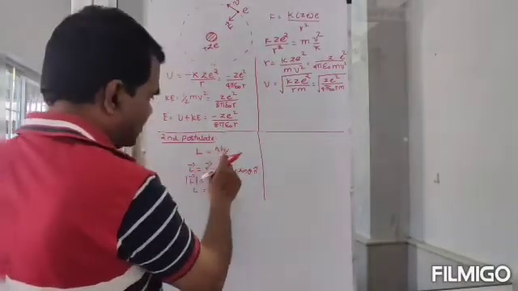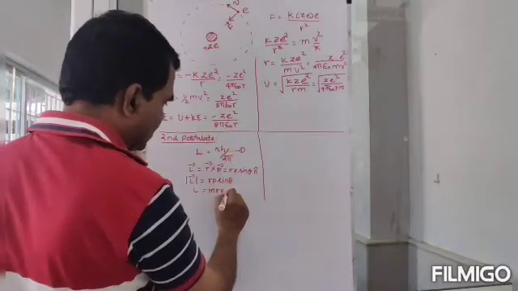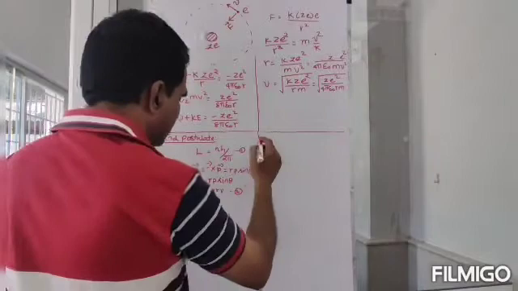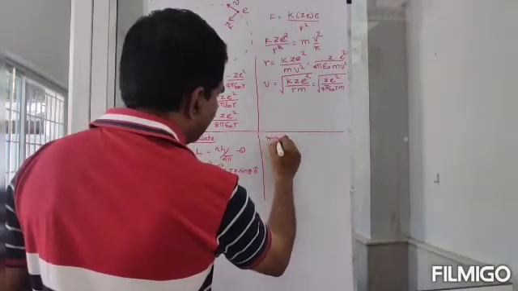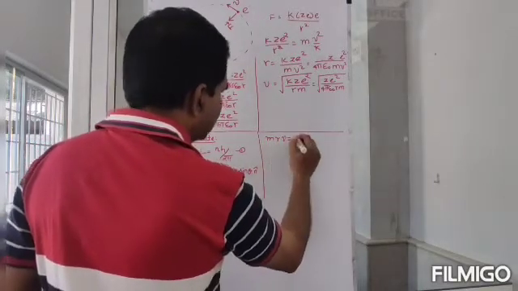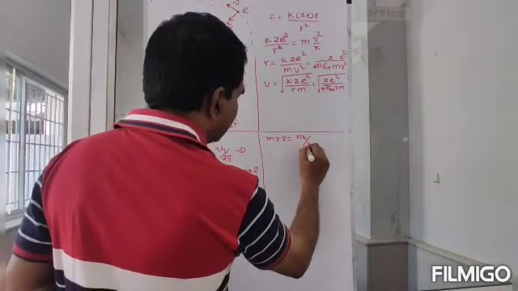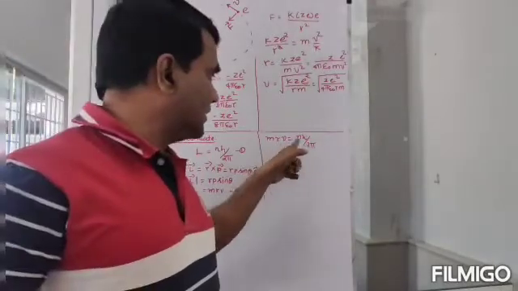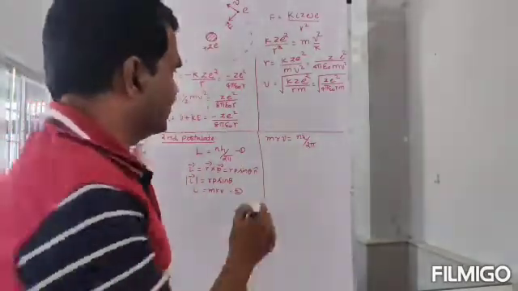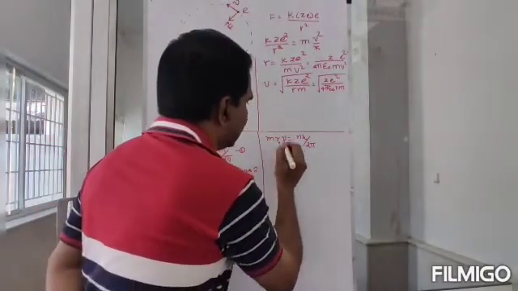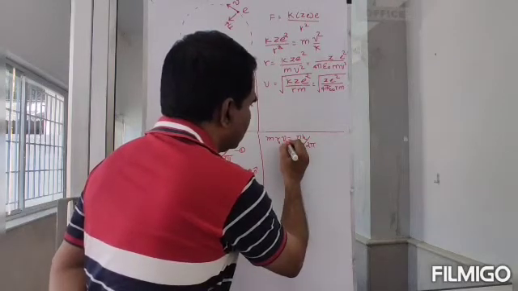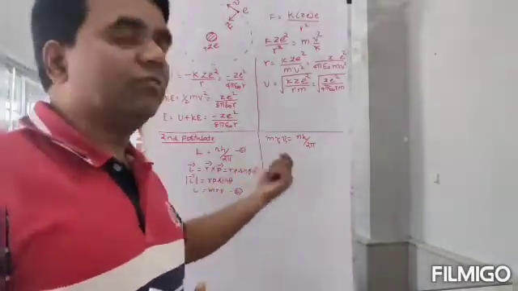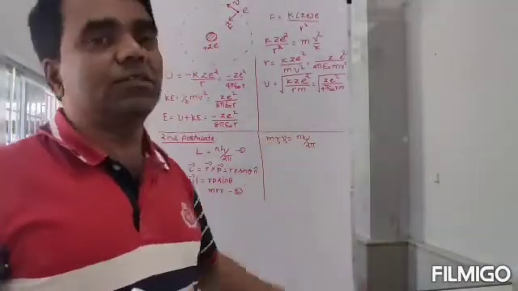So L is equal to nh by 2 pi. This is my equation 1 and this is my equation 2. So these two are equal. So I'll say m r v is equal to nh by 2 pi, where r is the radius of the nth orbit, and Vn is the velocity or the speed of the electron in the nth orbit.